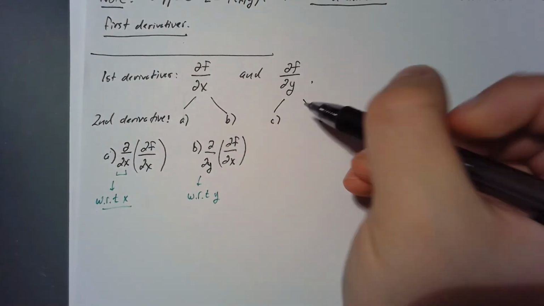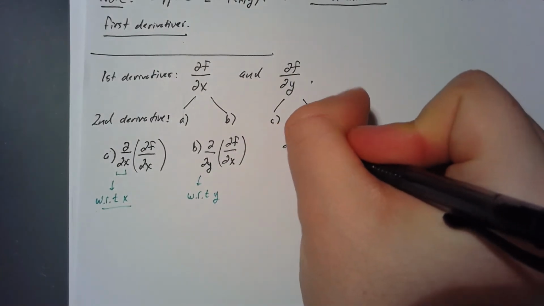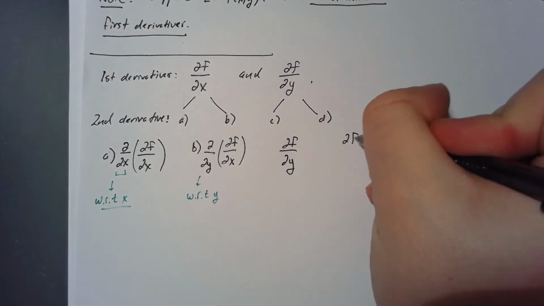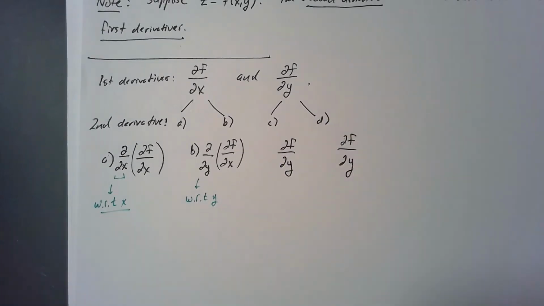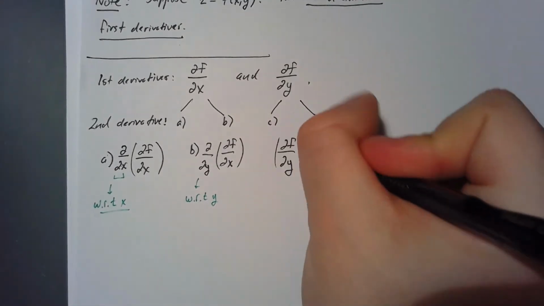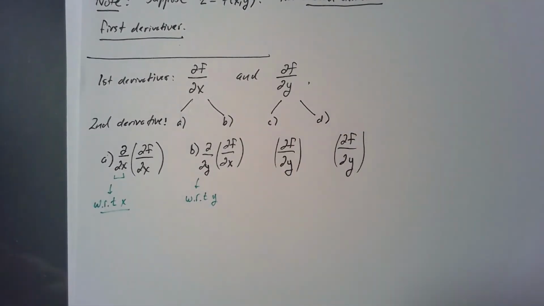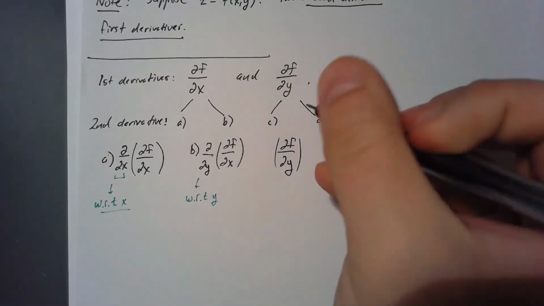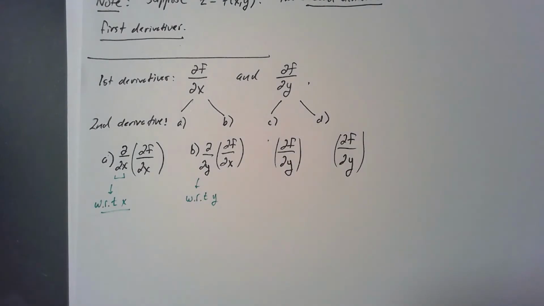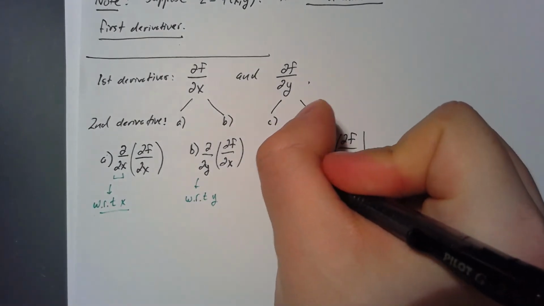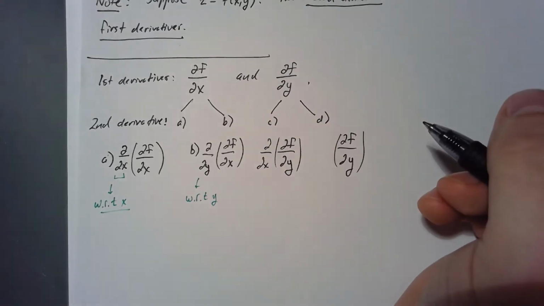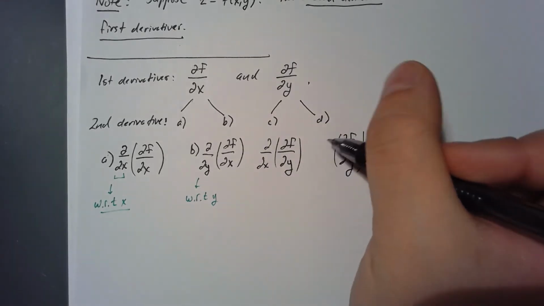So the partial derivative with respect to y. Each one of those is going to be differentiated by x and y. So this is going to be d dx, I'm sorry, and this will be d dy.